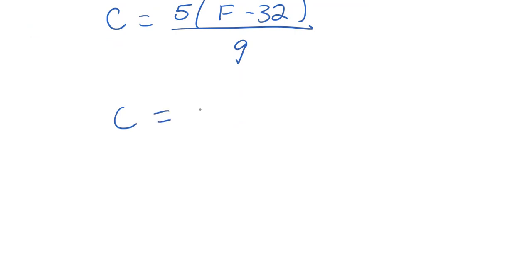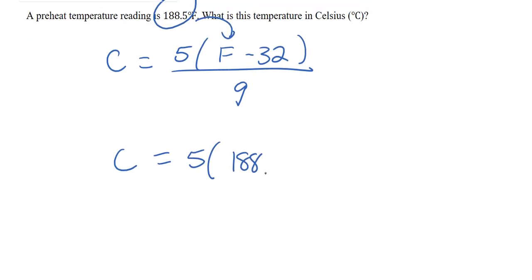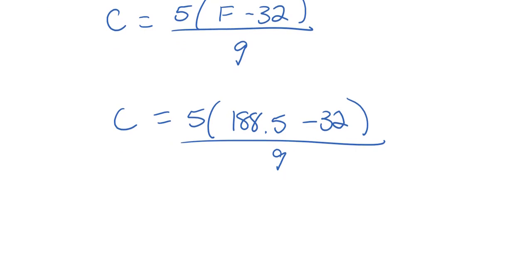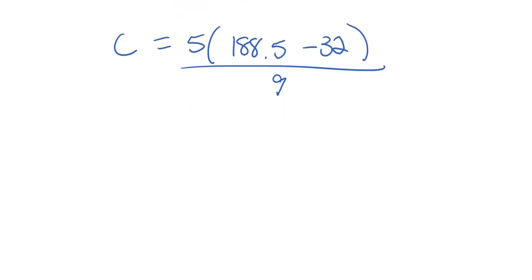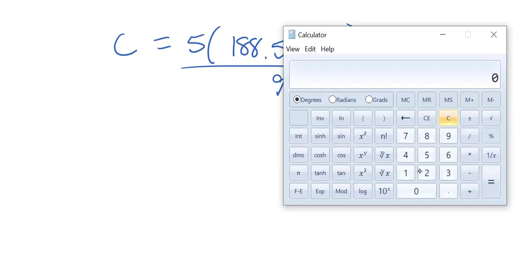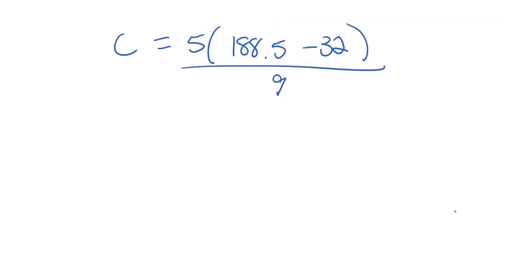So we have Celsius, which is 5 times 188.5 minus 32, and then all of that divided by 9. We'll get a calculator out. So we have 188.5, and we subtract first. We do what's inside the parentheses first. We got 156.5.